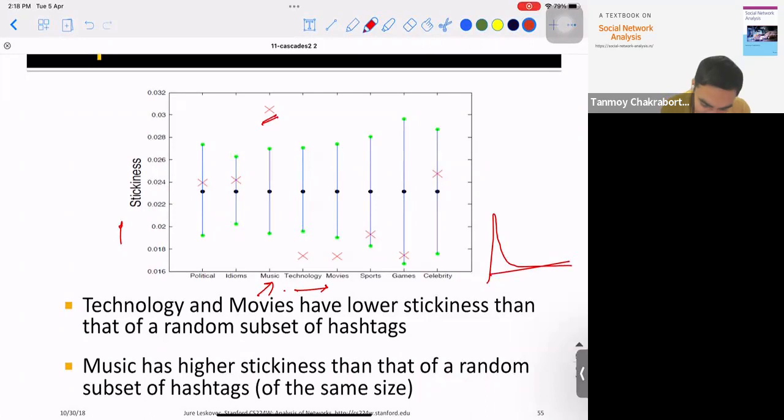So events like music, celebrity, right, political, idioms, they have stickiness higher than the random part, right? Whereas technology, movie, here you see that this is lower than the stickiness of the random part.